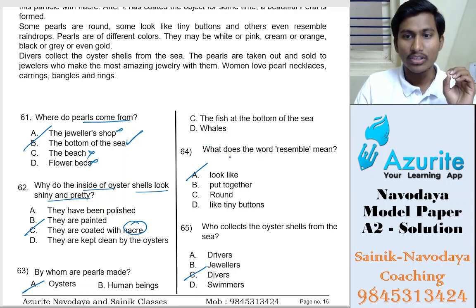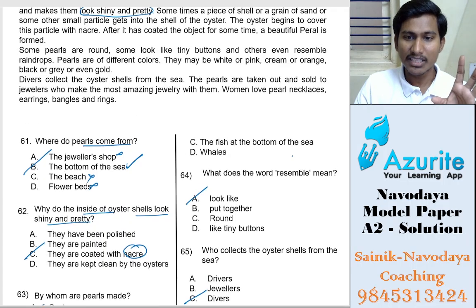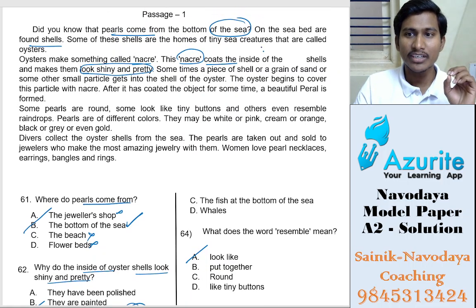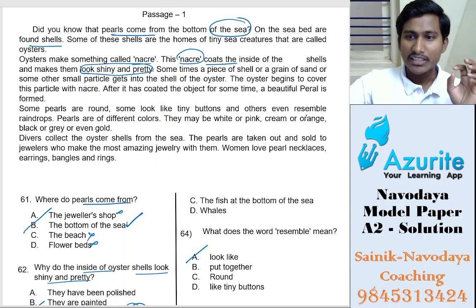Now 64. What does the word resemble mean? You should know the meaning of resemble. If you don't know, find where the word resemble is in the passage. Yes, resemble is here, right?